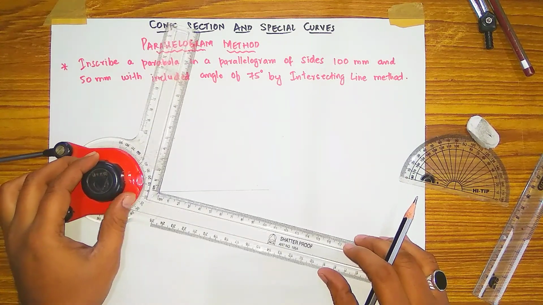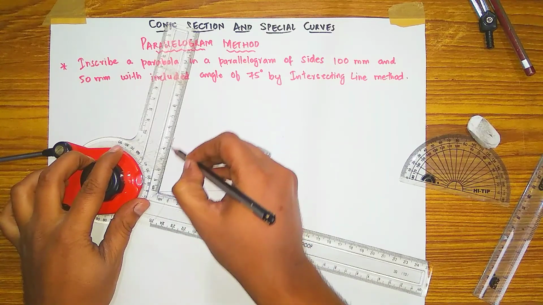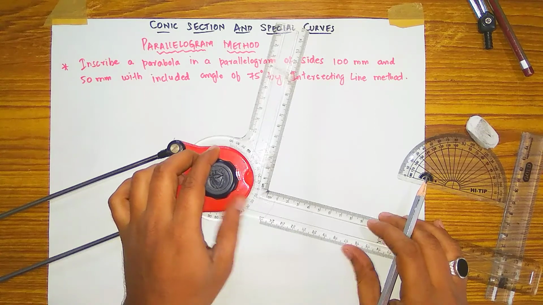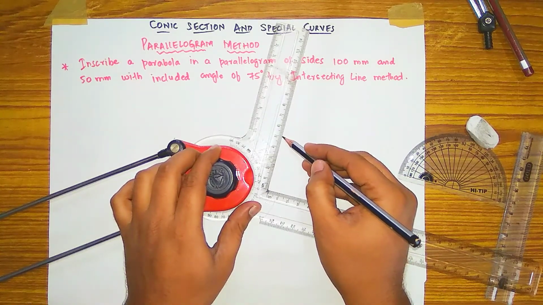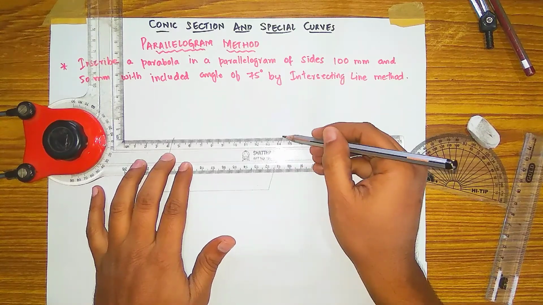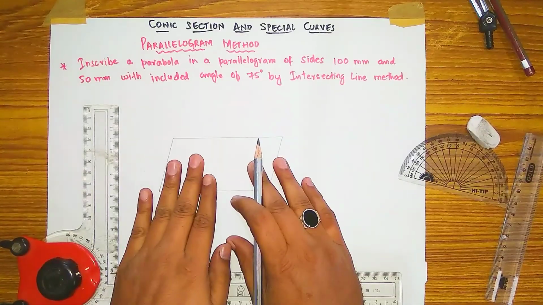With these two dots, draw a line of 50 mm. This much is 50, so draw the 50 line from each point. I have drawn 50, and you draw the remaining line. This is the parallelogram you have constructed.